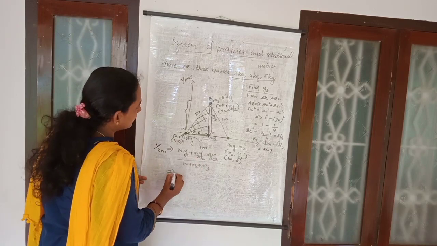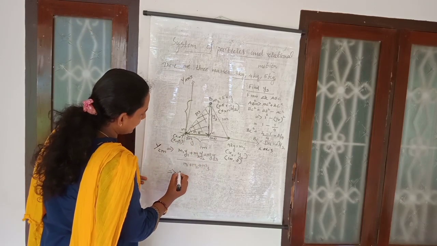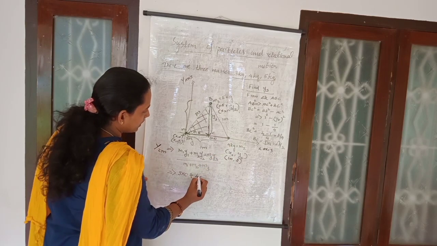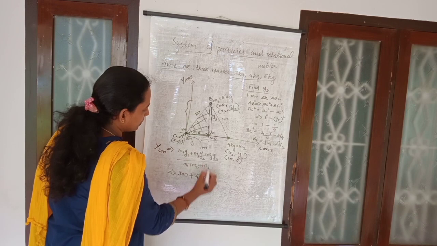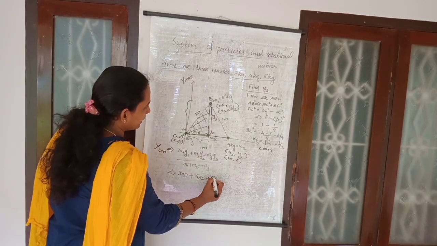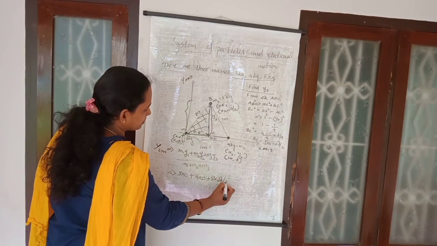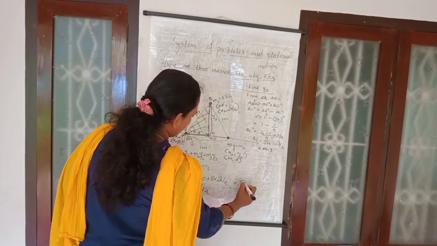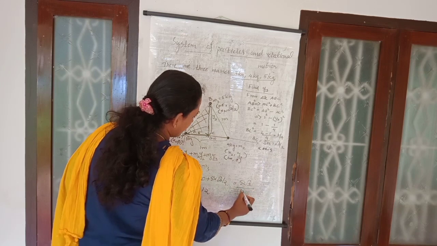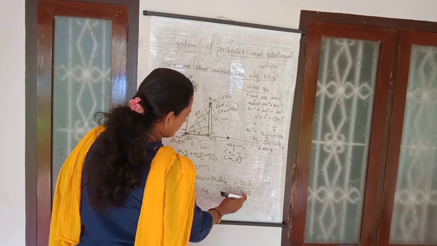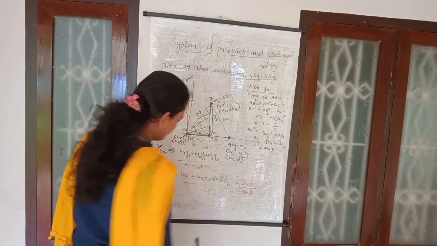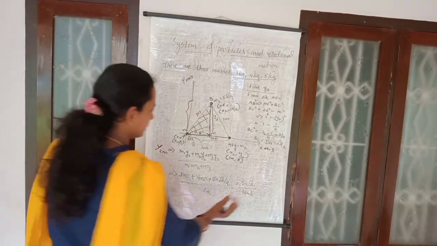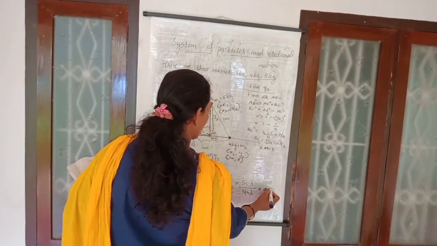M1 is 3, Y1 is 0, plus M2 is 4 into Y2, which is 0, plus M3 Y3, that is 5 into root 3 by 2, divided by 12. Therefore it becomes 5 root 3 divided by 12 into 2. So it will come as 0.36 meter.